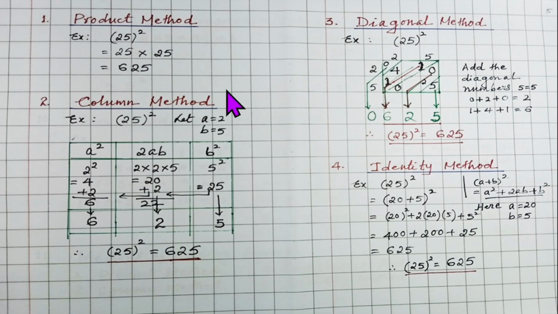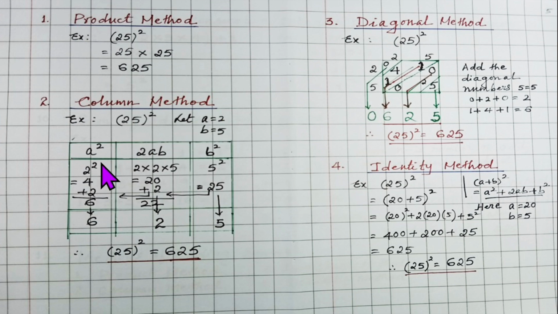Now the second method is the column method. If you are asked to find the square of 25, take 2 as A and 5 as B. Make 3 columns and write A square, 2AB and B square. In the B square column, write 5 square. 2AB will be 2 into 2 into 5, and A square will be 2 square.